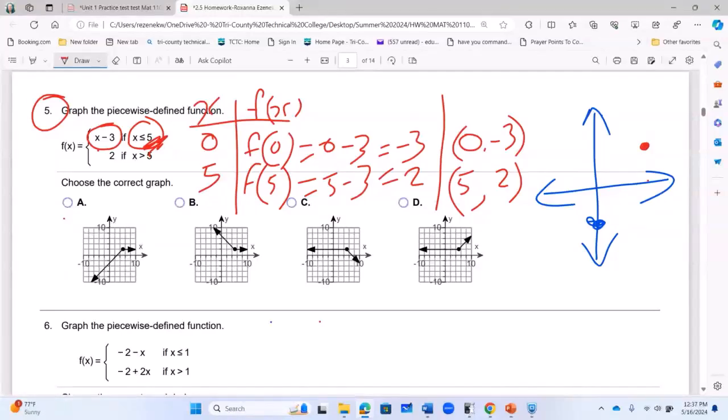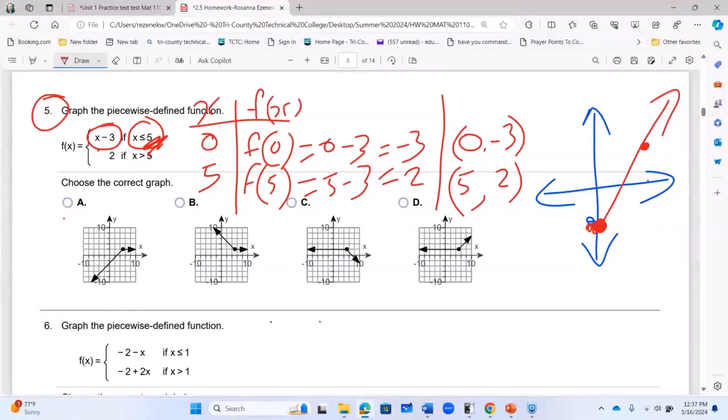So it's increasing to the right. So for this piece of the function, I want you to see that this is closed. Everybody see, this is closed. So the first point is included.